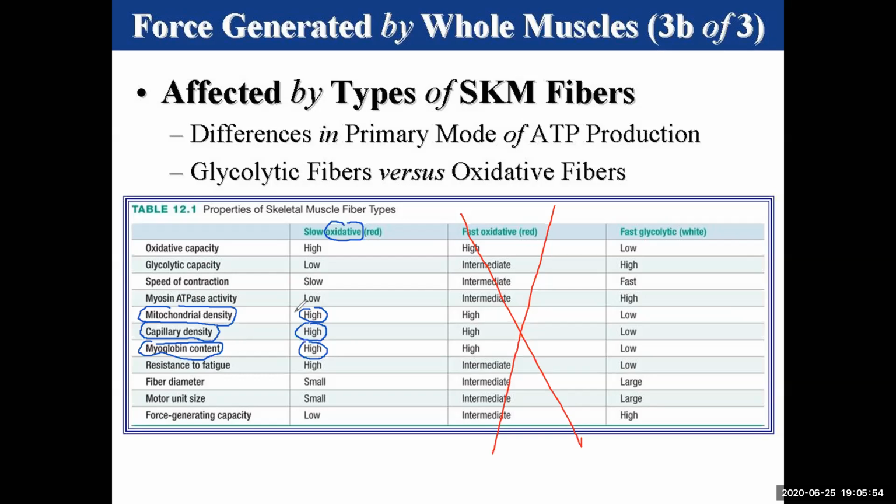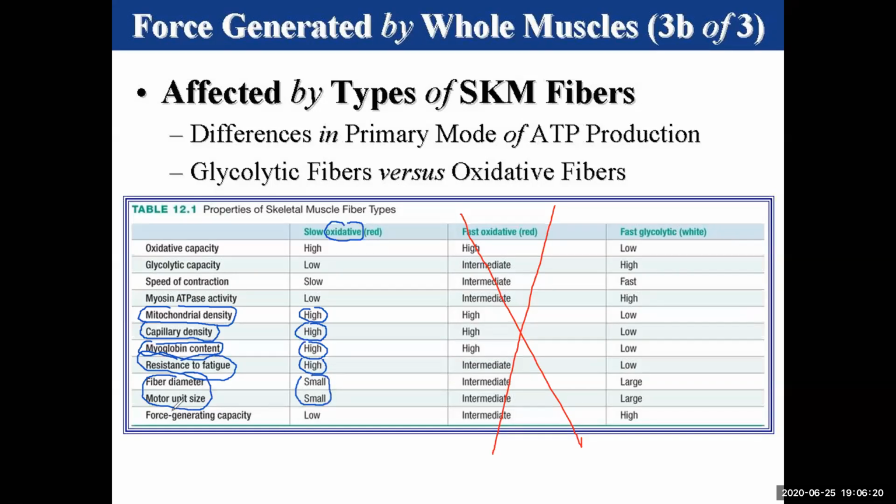And if you do aerobic cellular respiration, you are resisting fatigue. So it's harder for your muscle to cramp. So you have a high resistance to fatigue. They have a tendency to be small in size, both the motor unit and the diameter of the muscle fiber.